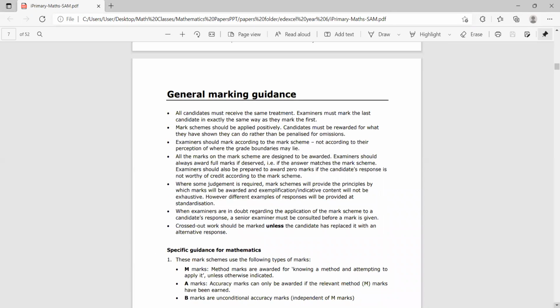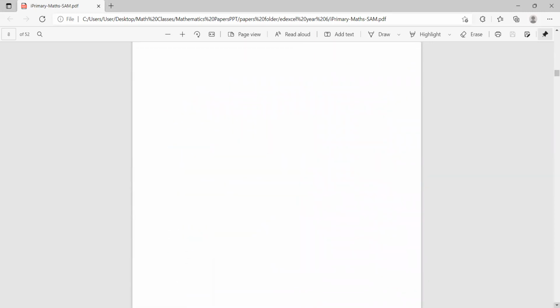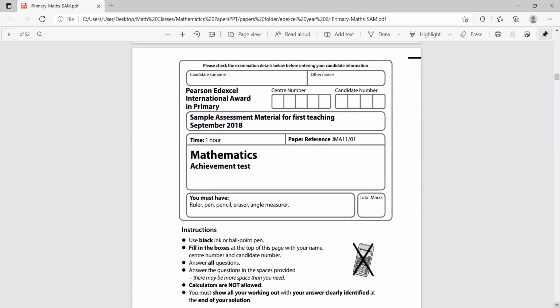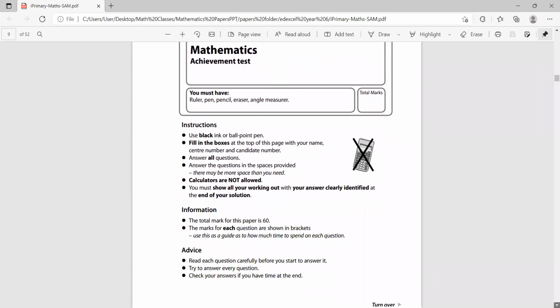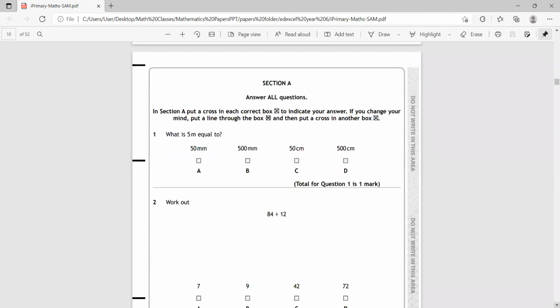Some of the general marking guidance has been given. This is the sample assessment material for 2018 September, the achievement test. I'm going to do the first part, Section A, some of the questions.